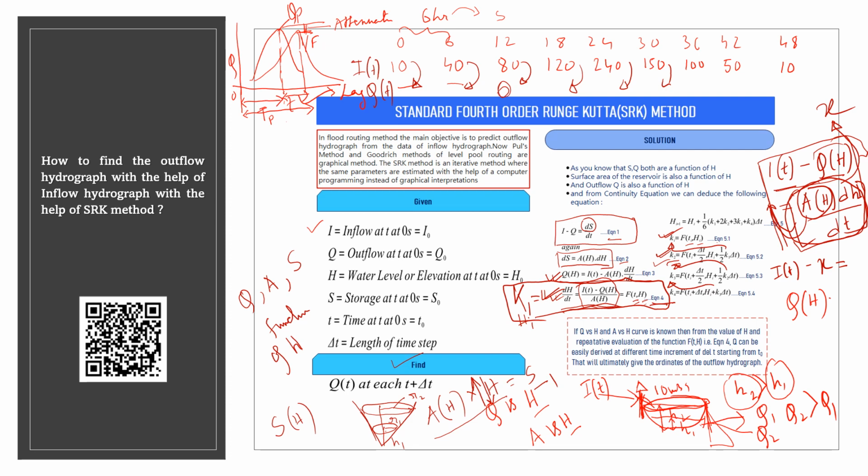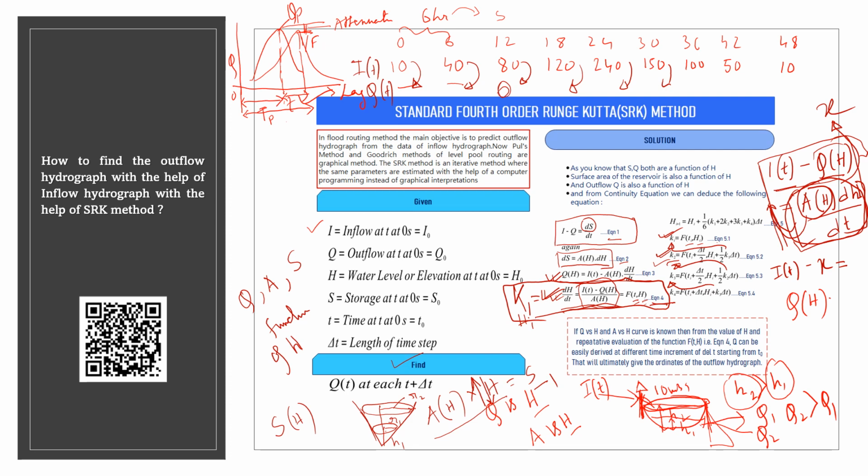So basically k1 is equation 4. That means equation 5.1 and equation 4 are the same. Then 5.2 will come from 5.1 and equation 4, just change the t and H. And similarly 5.3 and 5.4 will come. Just change the t and H according to this relation.